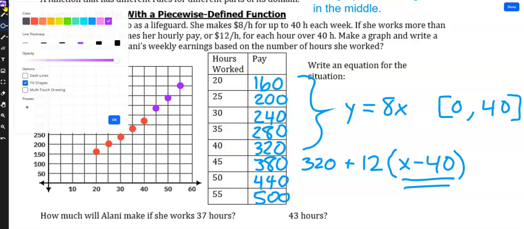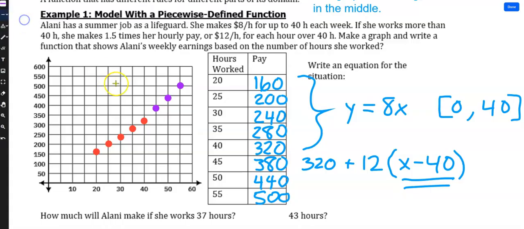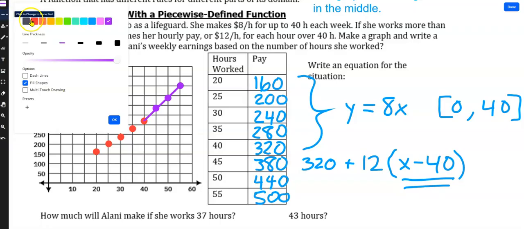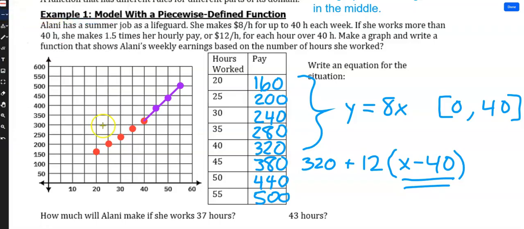If we look at this, maybe draw lines, we can see that the slope of the line changed. It's not the same.